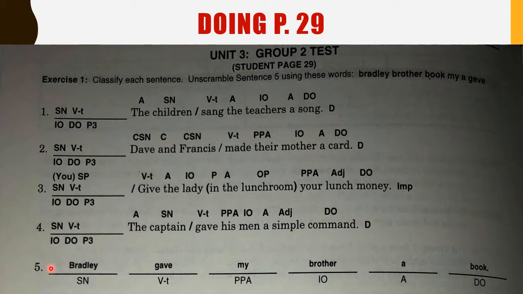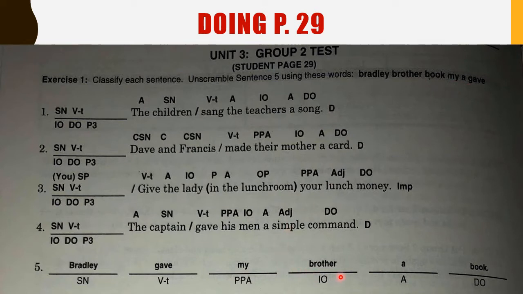Now, number 5, as I said, we're gonna unscramble this type of sentence, which means these words right here. So we have subject noun, which is Bradley. The verb transitive here is gave. PPA, which is the possessive pronoun, which is my.